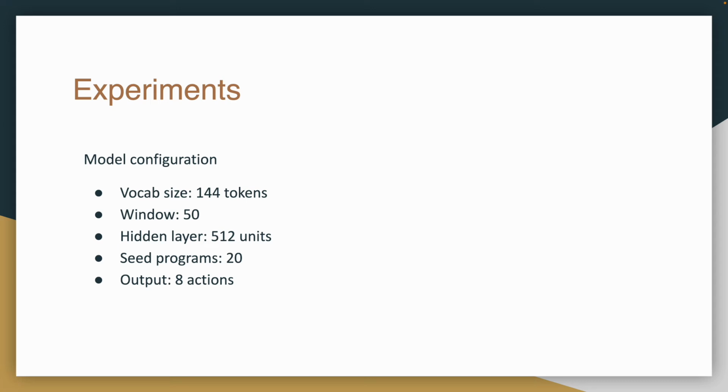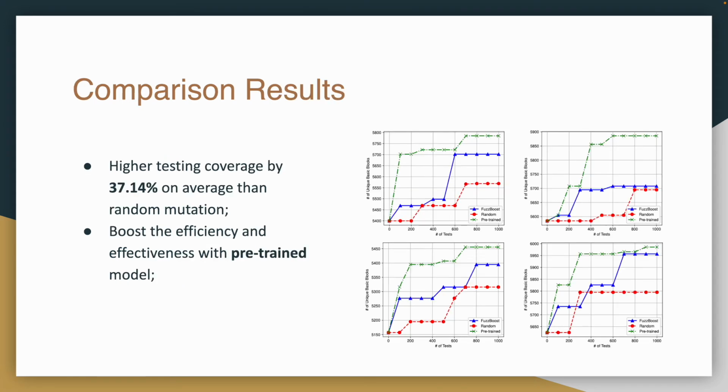Then I will show some experimental results. In this figure, we perform the experiments with our method and the baseline method, the random-based mutation strategy, to fuzz each of the programs from the sampling pool.